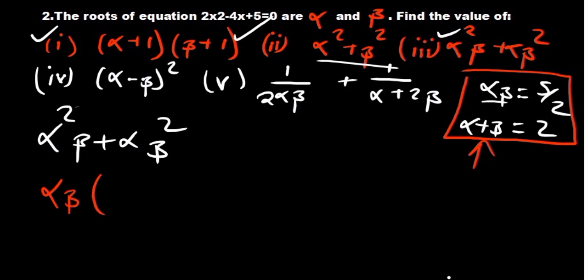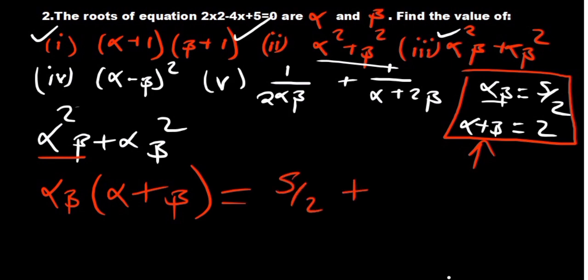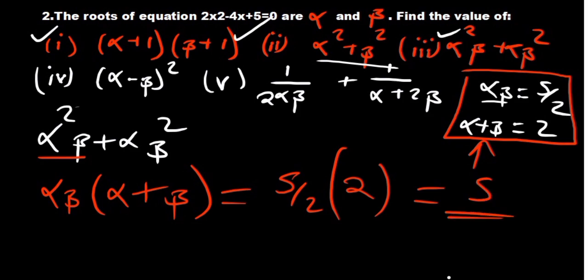The first part, if you remove alpha and beta, you're going to remain with alpha. Then the other part, you're going to remain with beta. So you can substitute. Alpha beta is 5 over 2 for the first part. Then we are multiplying with what's in the brackets, which is the summation of alpha and beta, which is 2. So basically we have 5 as our value, a solution to that question.